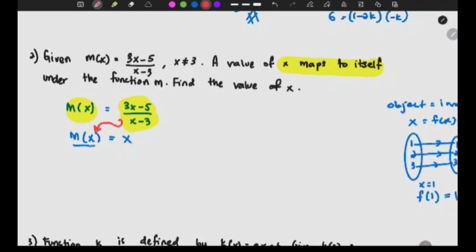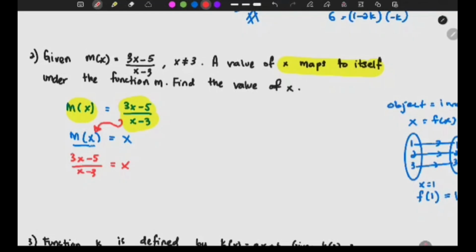That's it. So now let's do your normal mathematics. Your fraction denominator, bring that to the other side, it becomes times your x. Bring here x minus 3, and what you have to do is expand this. x times x, x squared, 3 times x, 3x, and 3x minus 5.